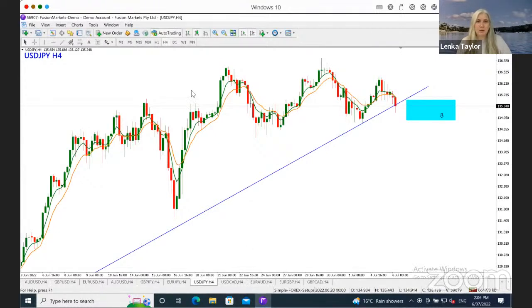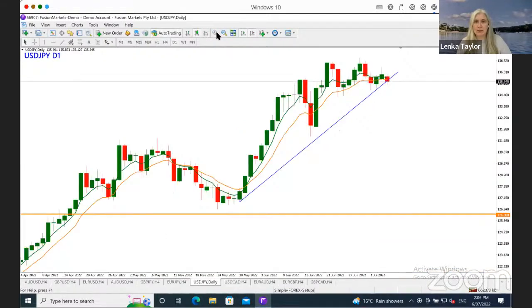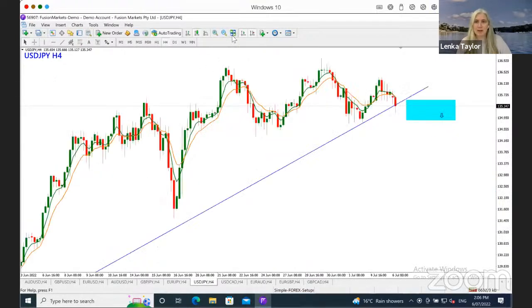Next currency pair is USDJPY. Now, USDJPY is still in an uptrend in terms of the EMA configuration. So we would be looking still to go long on this pair. However, if this candle closes below, there might be an opportunity that this may then be changing directions.